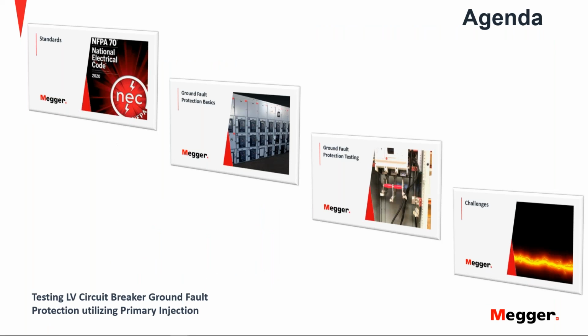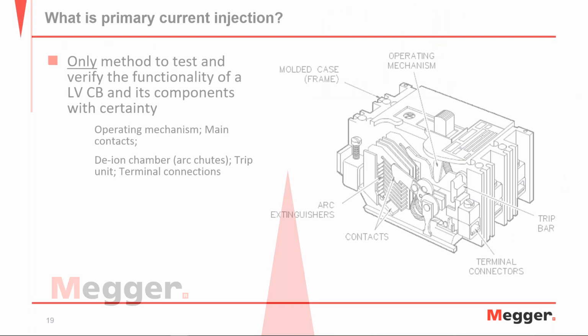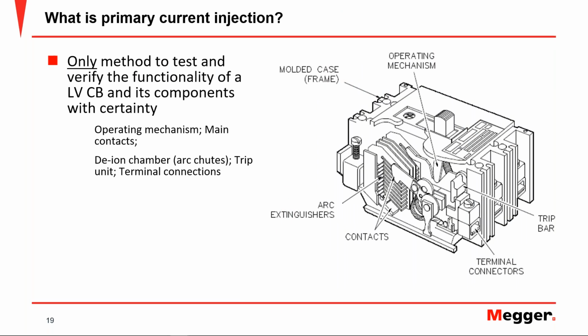But let's go ahead and talk about the testing itself. I've mentioned a few times now that per the NEC, per NETA recommendations, we have to perform this by means of a primary current injection method. So what is primary current injection? Again, just to make sure we are all on the same page, why is it called primary current injection?